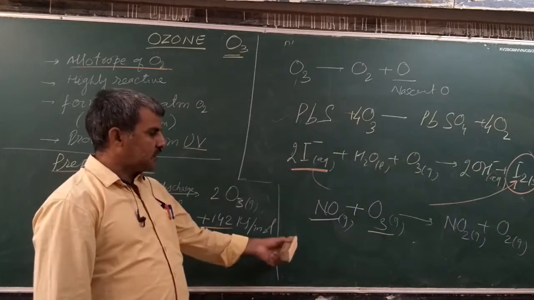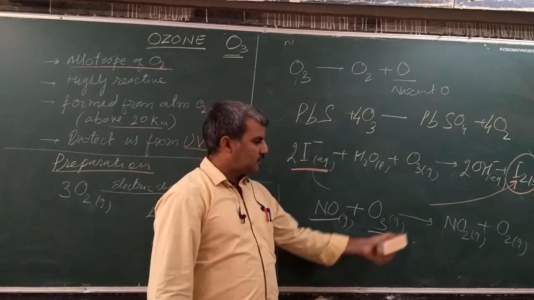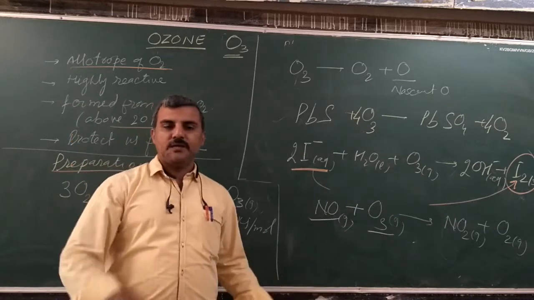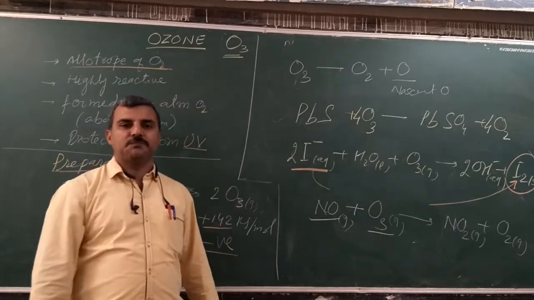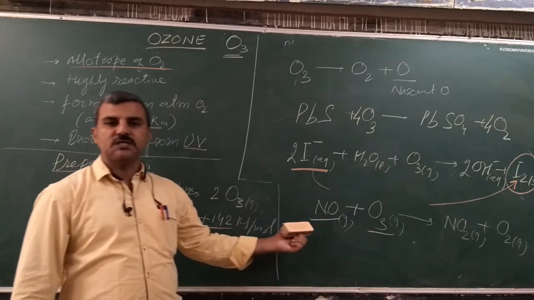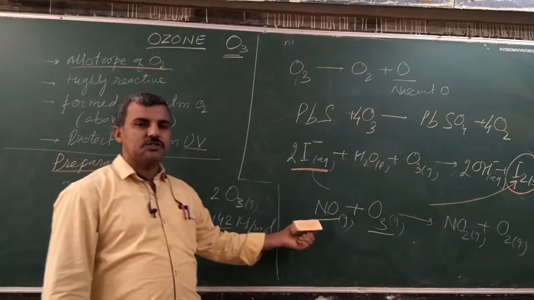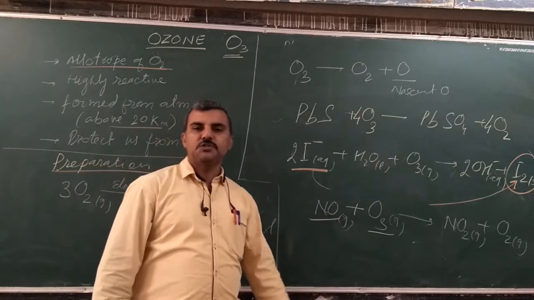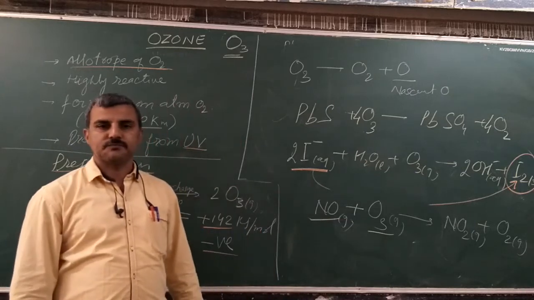If nitric oxide comes in contact with ozone, it converts it into oxygen. So wherever it comes in contact, the ozone layer gets depleted from that place. Other than nitric oxide, freons, generally released by air conditioners and refrigerators, are also responsible for depletion of the ozone layer.